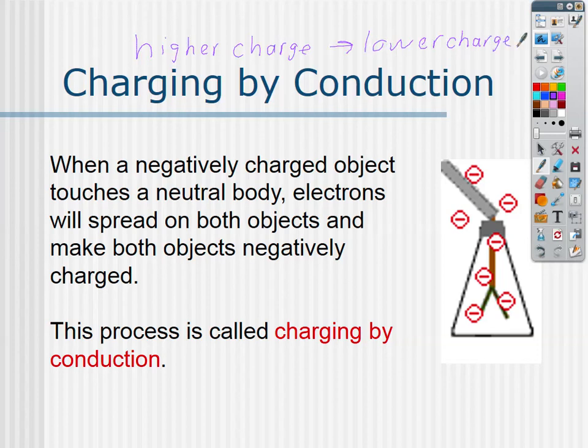So for example, if I say something is 2 negative, this is kind of very general, and something that is 1 negative, if I touch those two objects, what happens is it becomes equally charged. Basically both objects will become 1.5 negative, 1.5 negative. They will balance each other out. So that's what we're looking at there.